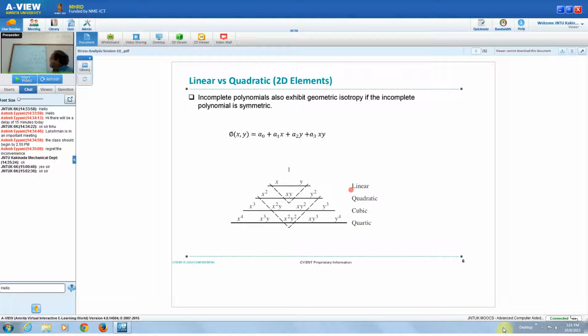For example, this is the linear, and if it consists of one of these factors, either this one, or this one, in the polynomial, this is called an incomplete polynomial.